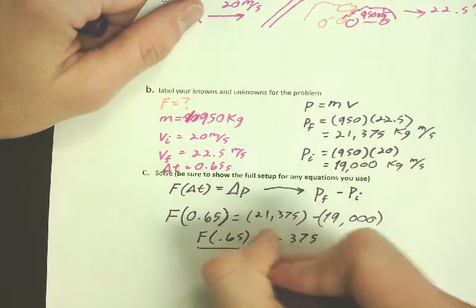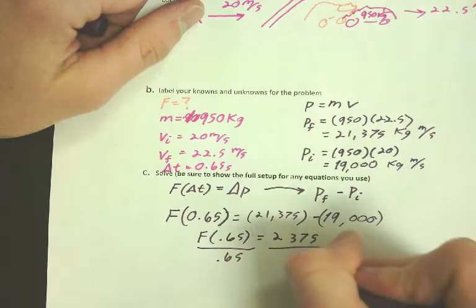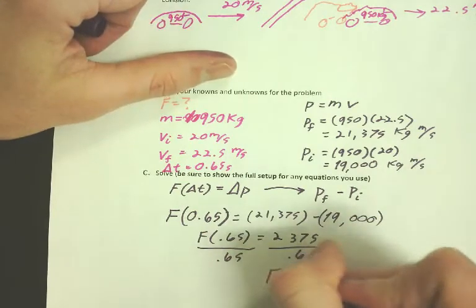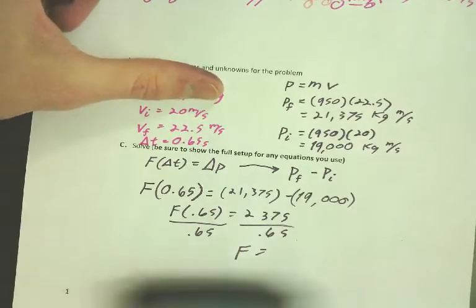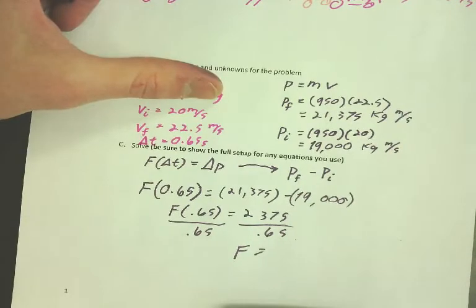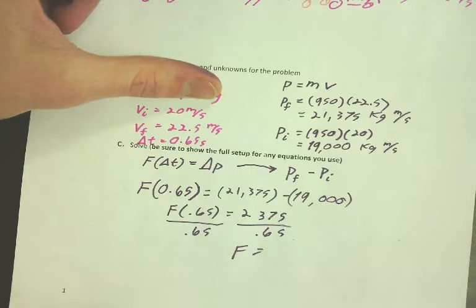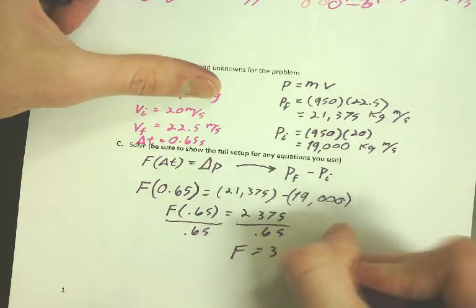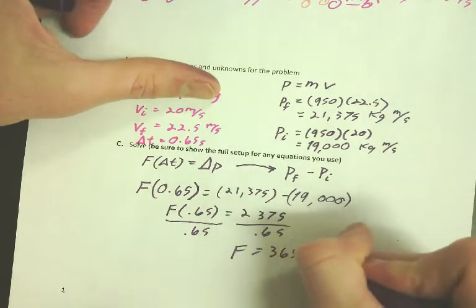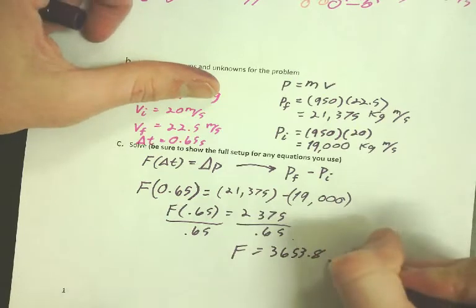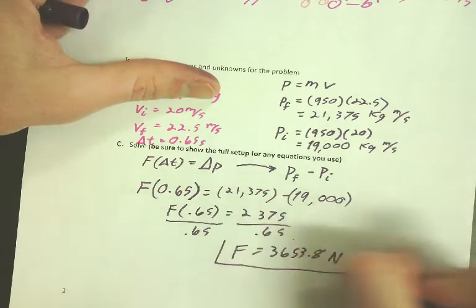Get F by itself, divide both sides by 0.65. And when you get your final answer, 2,375 divided by 0.65, I get my final answer for the force, 3,653.8 newtons. It's a positive answer.